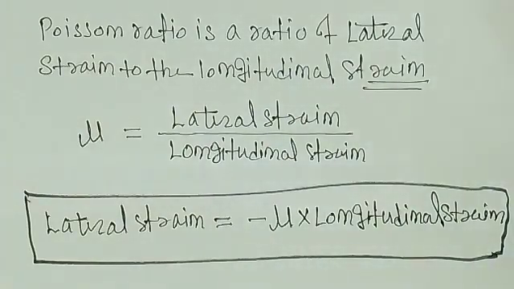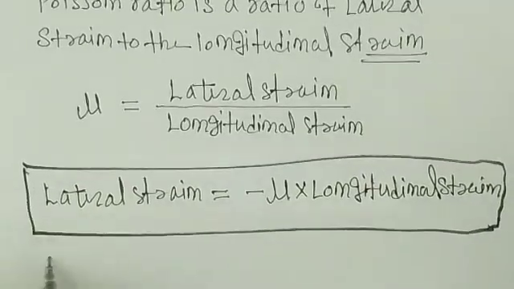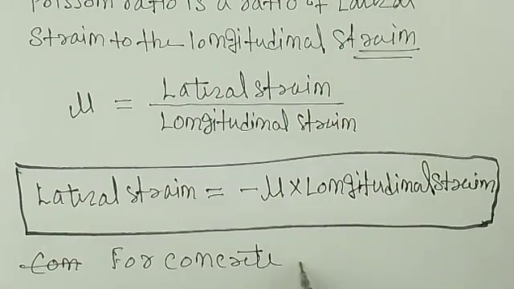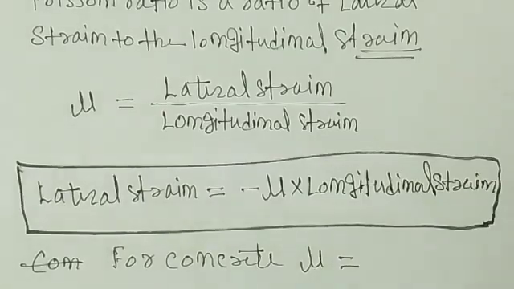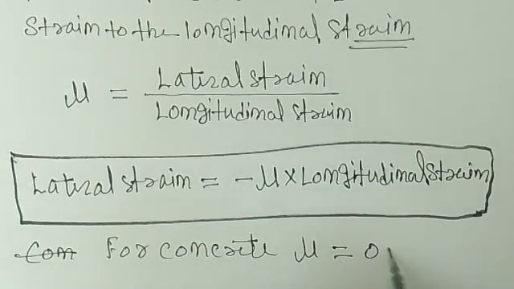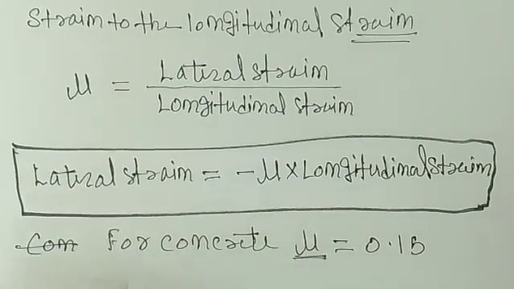Now we will see some materials and what the Poisson ratio is for each. Suppose you have concrete: the Poisson ratio mu for concrete is 0.15.